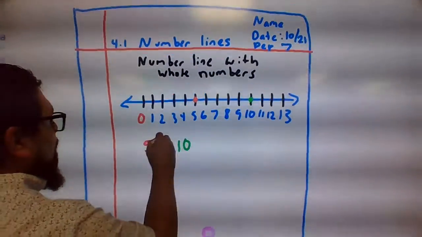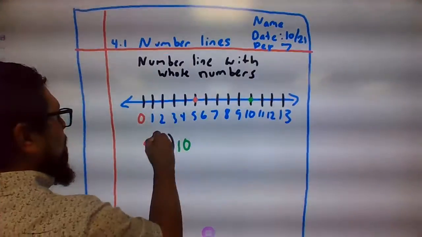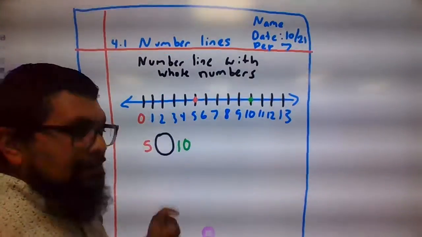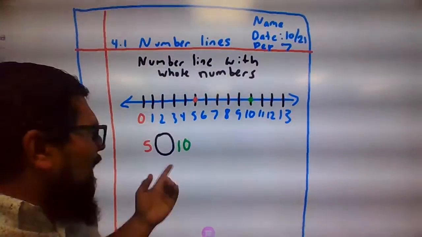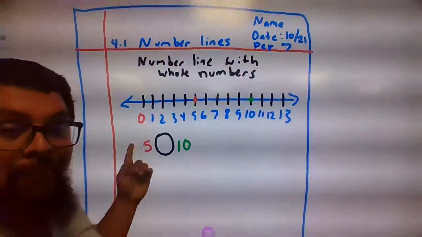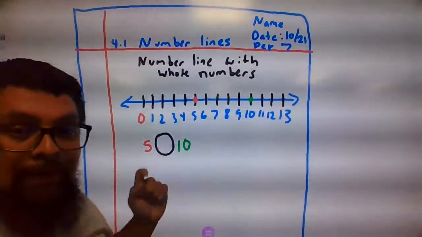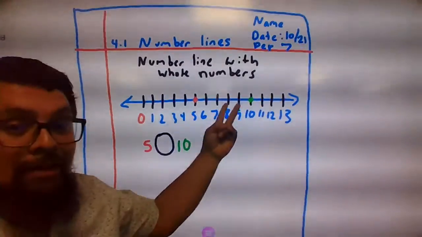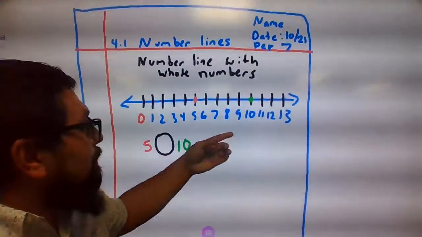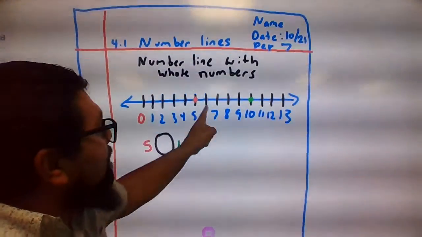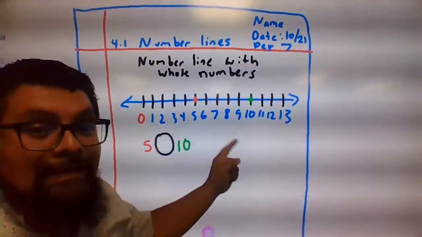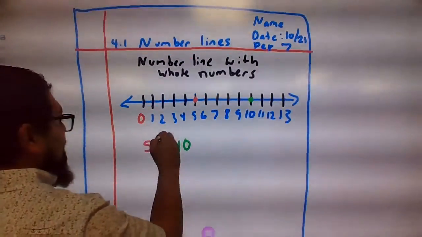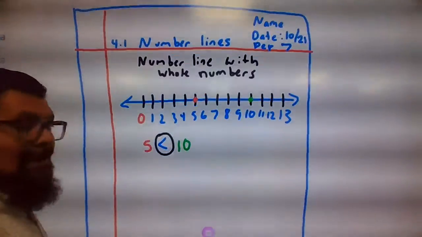We know that 5 is smaller than 10, and on the number line you can also see that 5 is to the left of 10. So this tells us that 5 is less than 10.